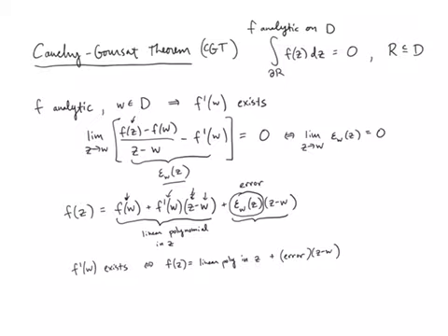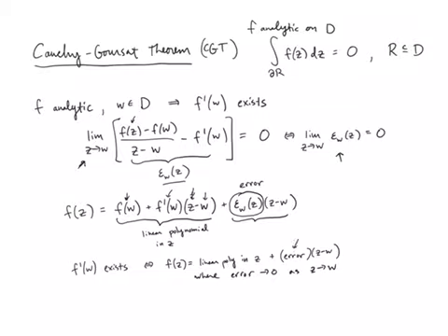And remember the key that this limit up here is equivalent to this limit over here, so this tells us that the error goes to 0 as z goes to w. So f of z near w is a linear polynomial in z plus something small.